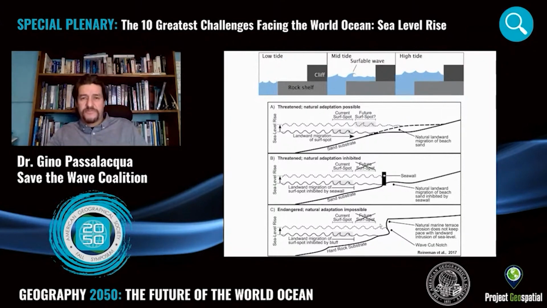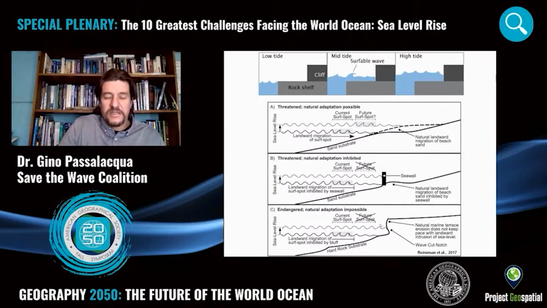Currently, we're working on including sea level rise projections in this multi-criteria analysis to account for the effects on surf ecosystems and analyze the threat that sea level rise will have on them.